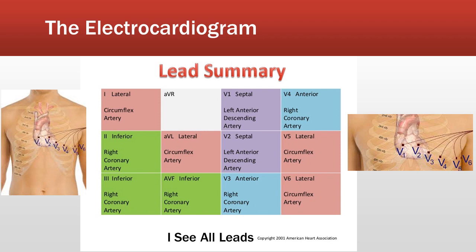A memory jogger to remember these is I see all leads. 2, 3, and AVF is I for inferior. V1 and V2 is C for septal. V3 and V4 is all for anterior, and V5 and V6 is leads for the lateral aspect. I see all leads for our 12 lead representation.